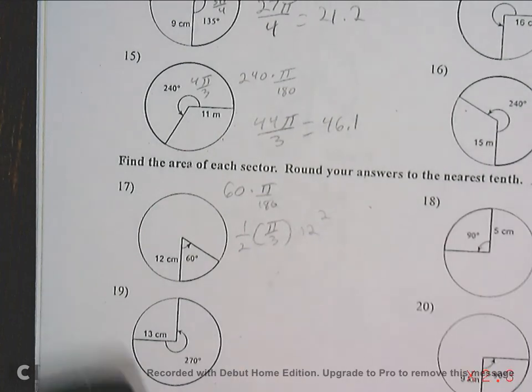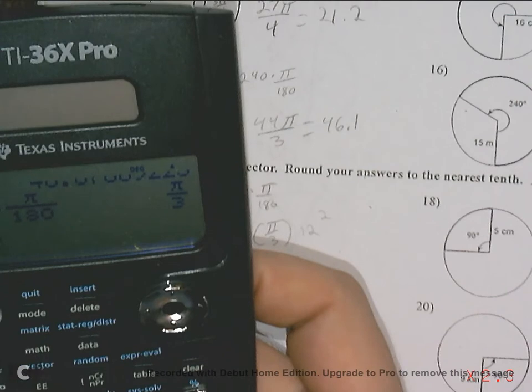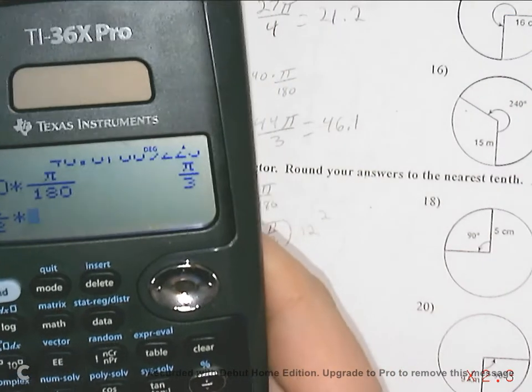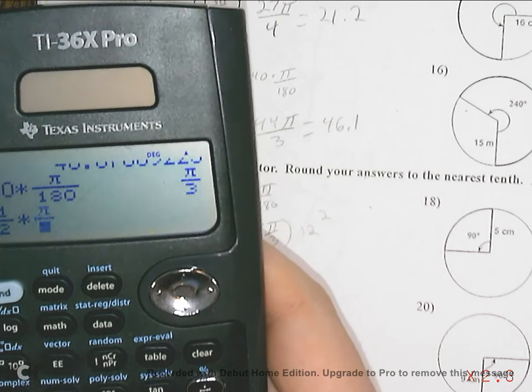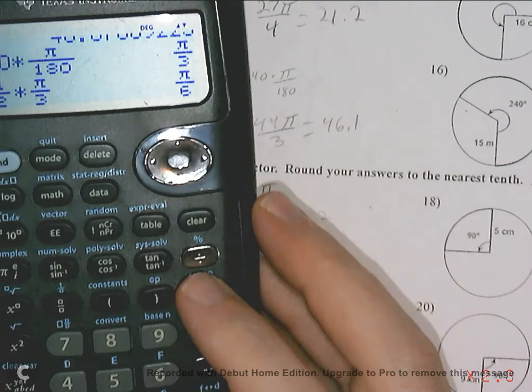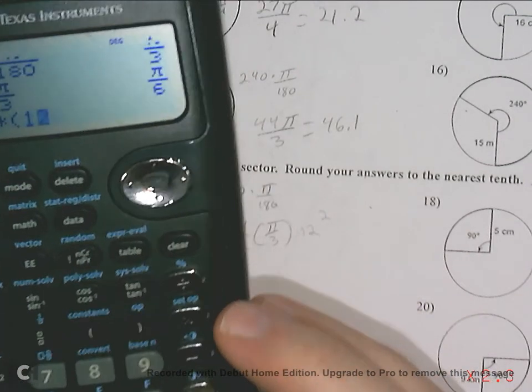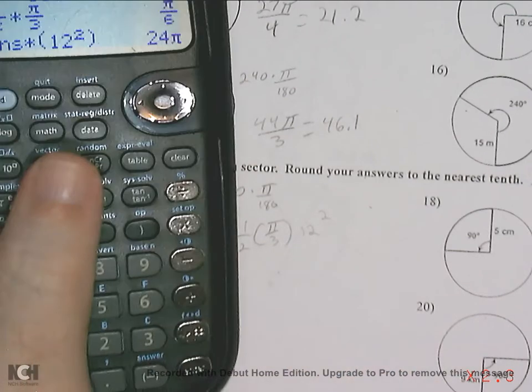So let's try doing this. So 1/2 times pi over 3 is pi over 6, and then we're going to times that by 12 squared, which is 24 pi.